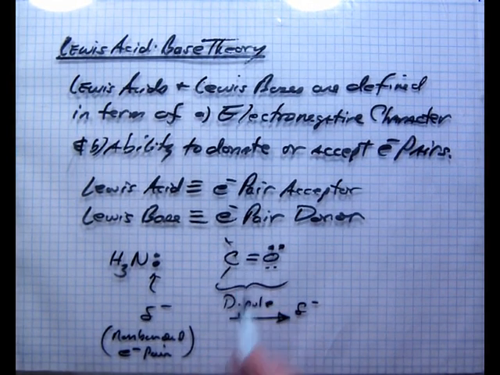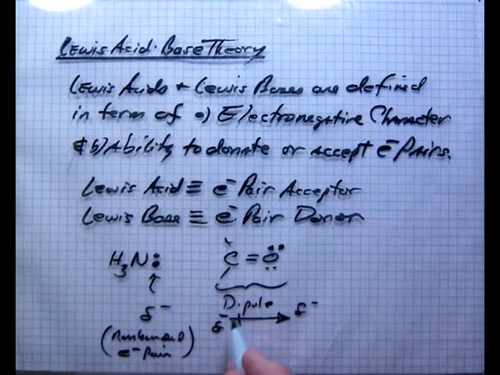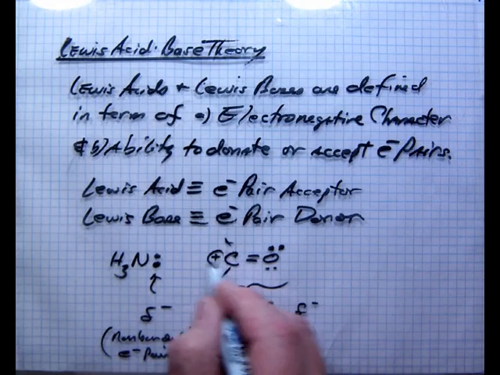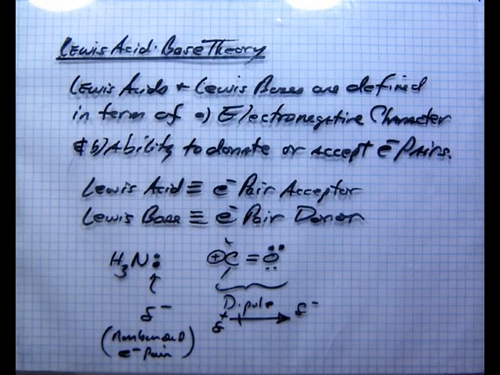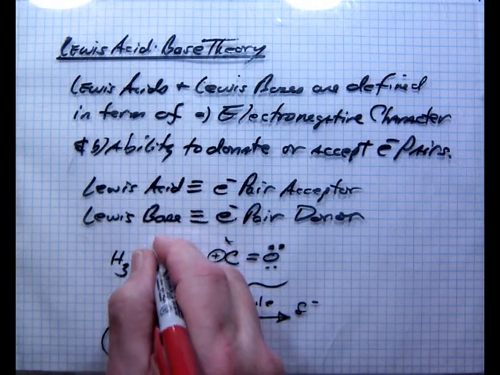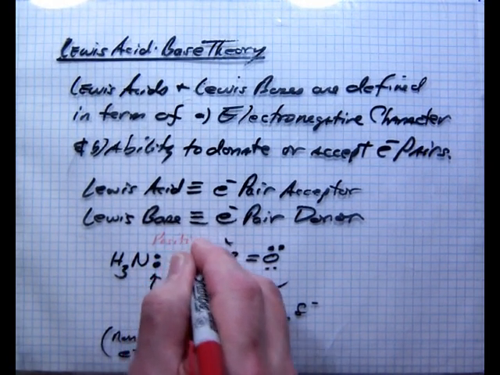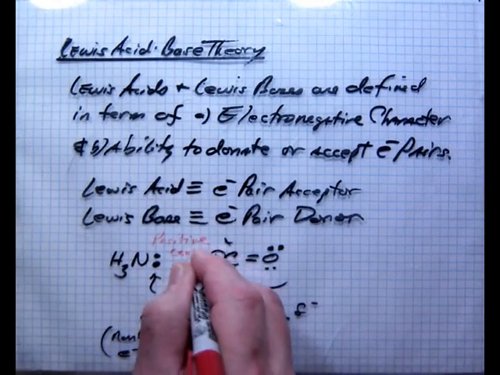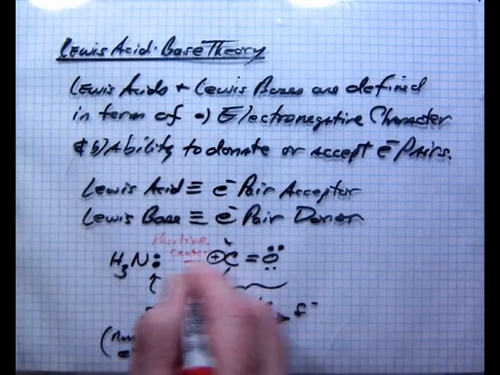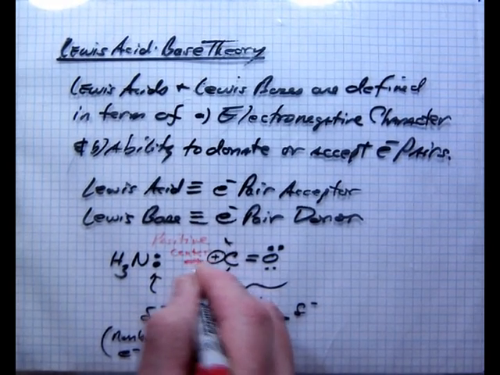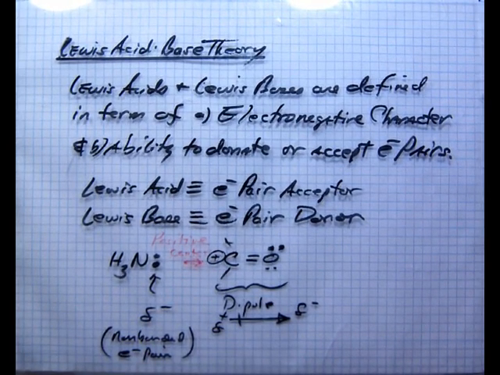Uncovering slightly the nucleus of the carbon and leaving it slightly positive. So you've got what they call a positive center in that structure. It says positive center right here.